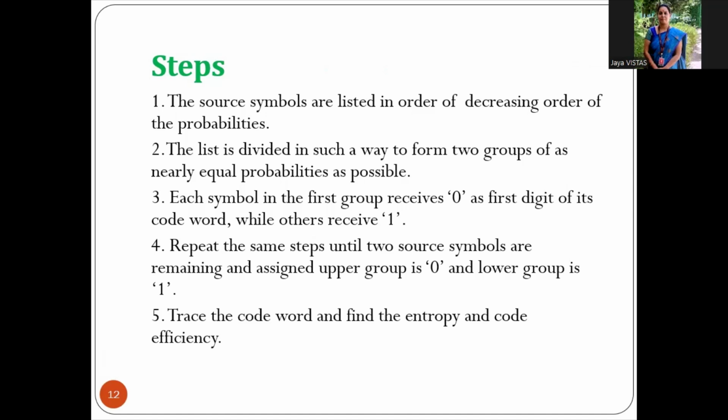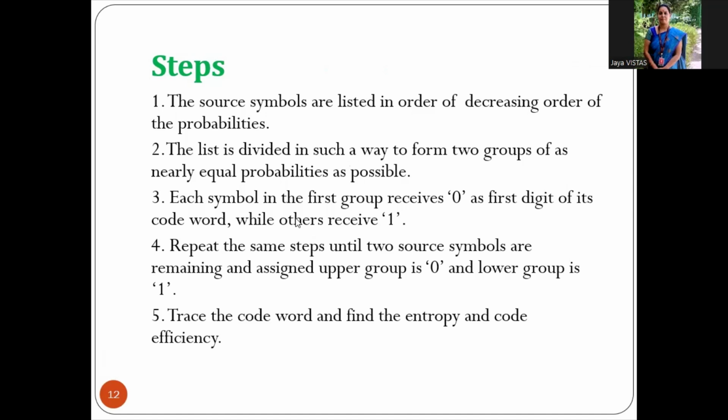After that, the second step is that the list of symbols is divided into two groups, and the condition is that the total probability of each group is almost equal. So this is the second step.